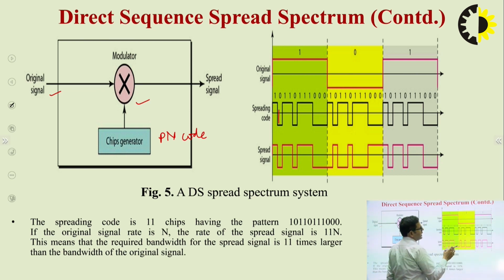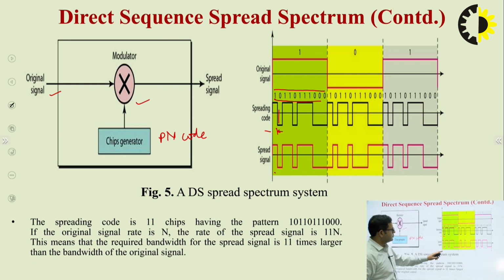As I told you, this PN sequence is periodic, so it is represented here. This sequence repeats after a certain number of bits. In the PN sequence, the duration of one bit is very small. When we multiply both of these signals, we get a chopped version of the original signal, and this chopped version is the spread spectrum modulated signal.